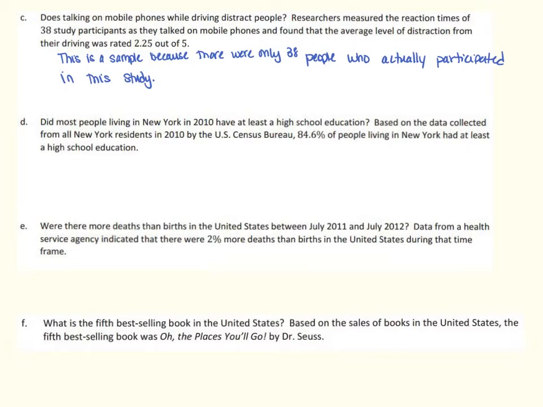So therefore, the numerical value in which it represents, we have to write that down. So the 2.25 out of 5, which represents the average level of distraction, that is our sample statistic.